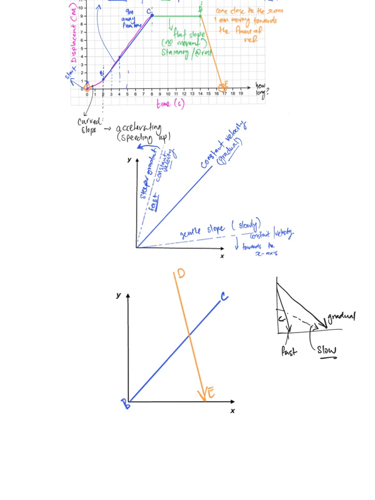This is just a rough sketch, but you should draw it neatly, because you're learning this for the first time. So we can use steepness to determine how fast or slow a person is moving when they're moving at a constant velocity. So this works for constant velocity.